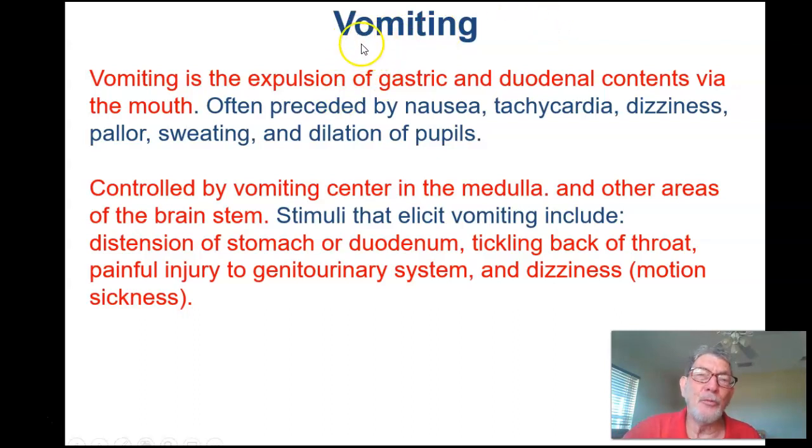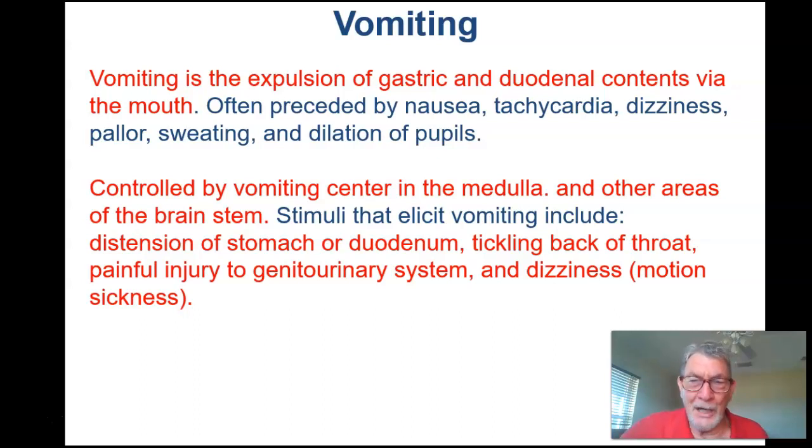Vomiting happens when your GI tract is stimulated to think you have something dangerous to you in there. So if you eat bad food, if you eat something that tastes so bad or stimulates you so badly that your body says you've got to get rid of it, you'll vomit. You also will vomit if you get a virus that stimulates those same vomiting centers.